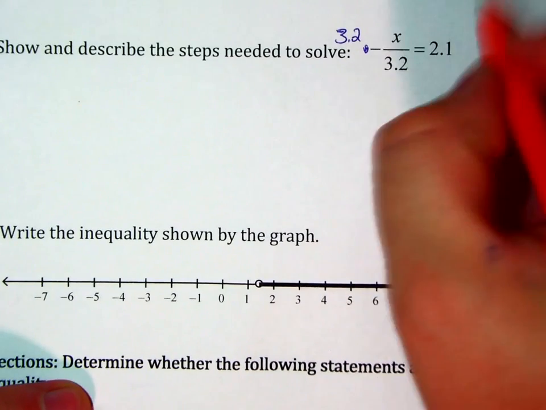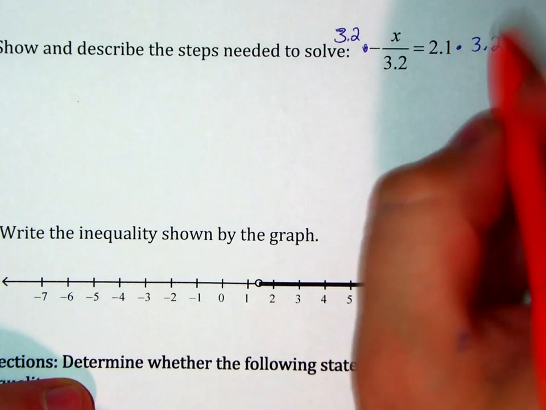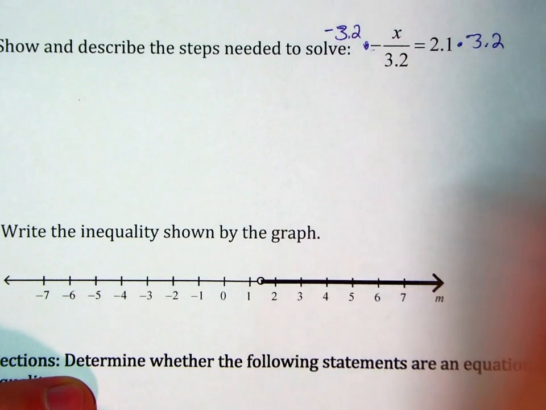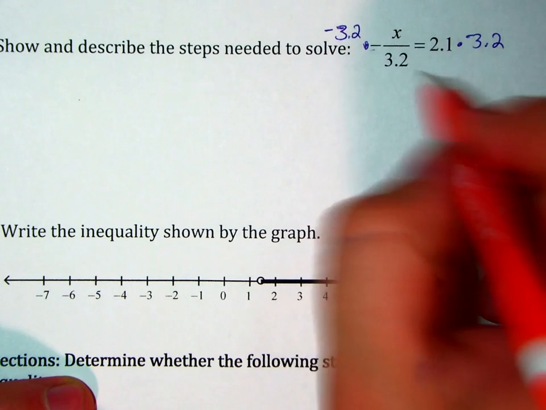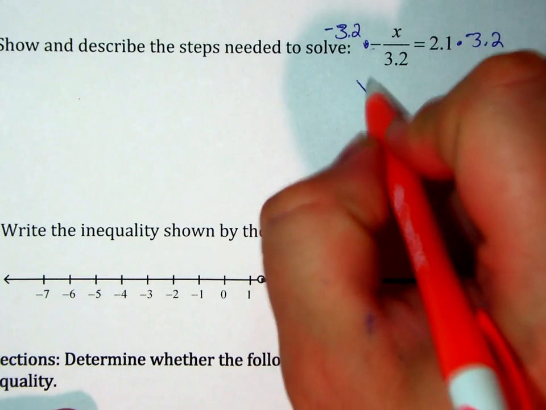What I do to the left side, I have to do to the right side, so negative 3.2, because I also want to remove this negative sign here. Negative 3.2 over negative 3.2 is going to give me 1, or just x by itself.